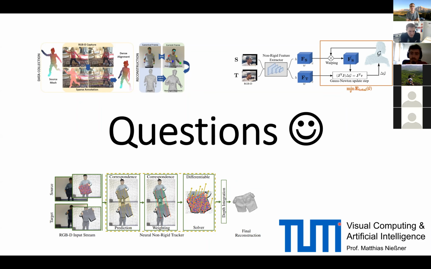Can I kick it off with a question though? I'm curious about the DeepDeform data set, because I haven't looked at it carefully. As I understand, there's some human annotation to get initial guesses, and then you do an optimization-based approach to get the non-rigid alignment.